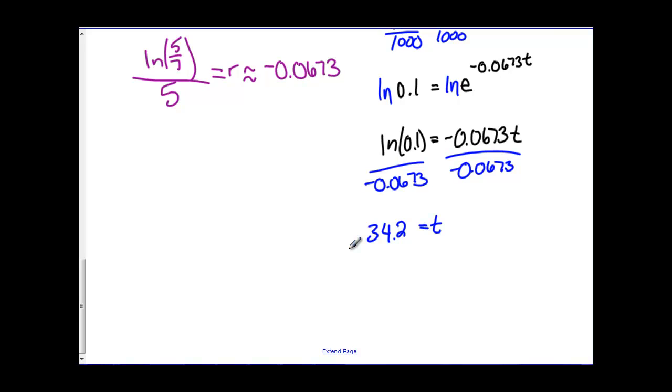If it says round up, then we would actually put 35, because it says round up. If it had just said round, it would have been 34. But because it says round up, any decimal makes the whole number go up by 1.